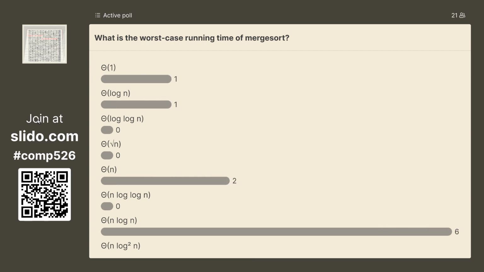So let me point out, this is asking for merge sort, the entire thing, not just merging, what I showed you the example for.